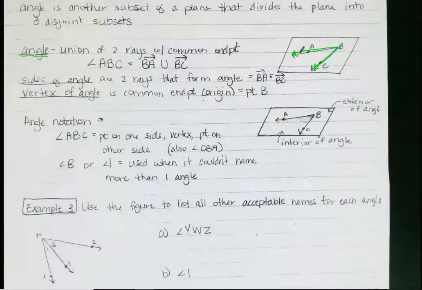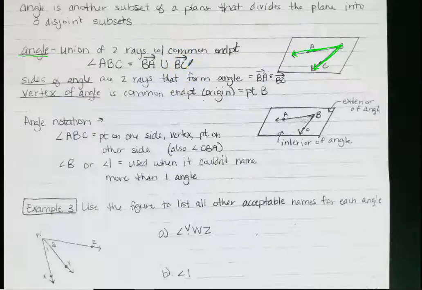They're a union and their endpoint is B. So we get an angle, and we name this angle ABC. Angle ABC is just saying ray BA union ray BC. So it's the union of those two rays.